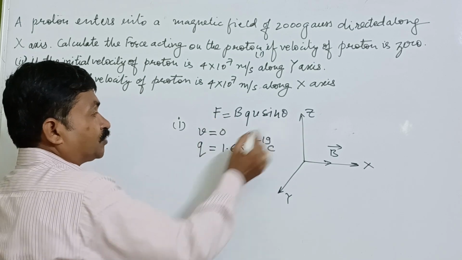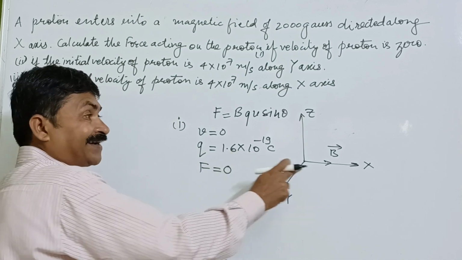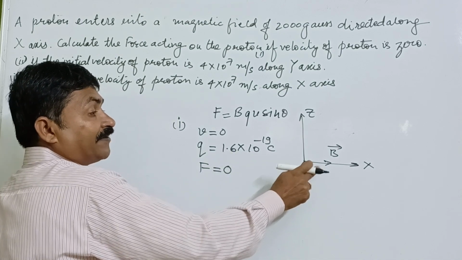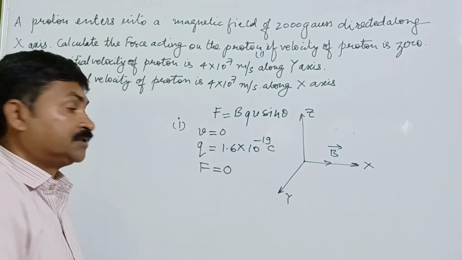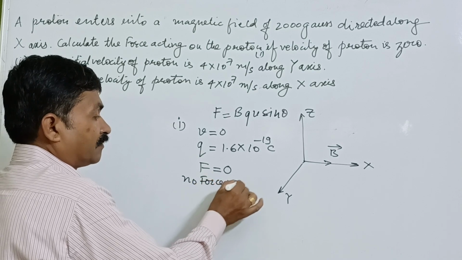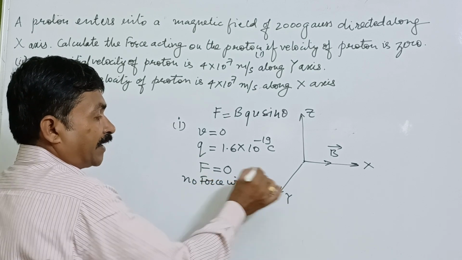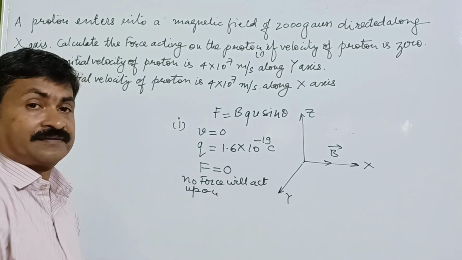So the force acting on this proton when it enters the magnetic field in the x direction, as the velocity is 0, no force will act upon it. This is the first answer.